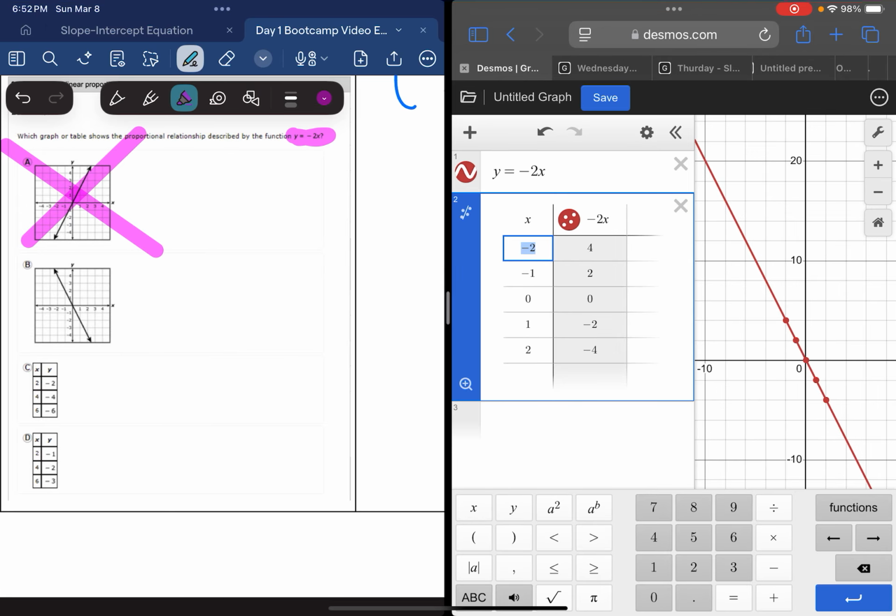But on Desmos, it says 2, negative 4. So that is not correct. And again, on Desmos, we have 2, negative 4. Here it says 2, negative 1. So that is not correct. Here, our correct answer is B. It is the only one that matches the graph that comes up on Desmos.